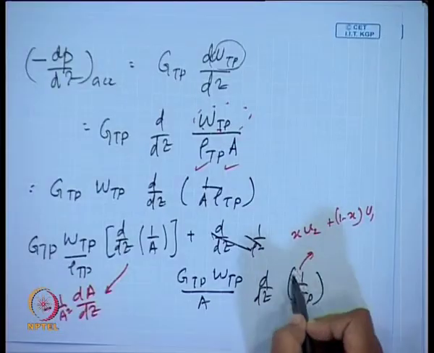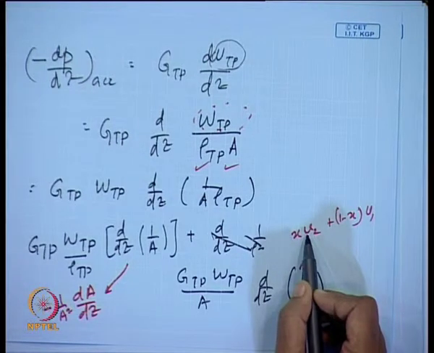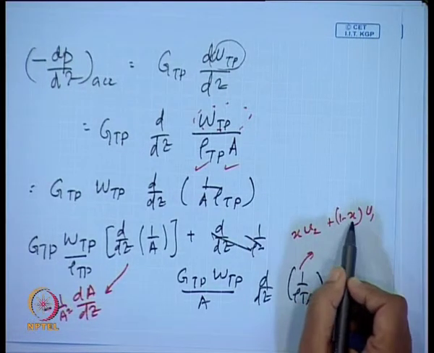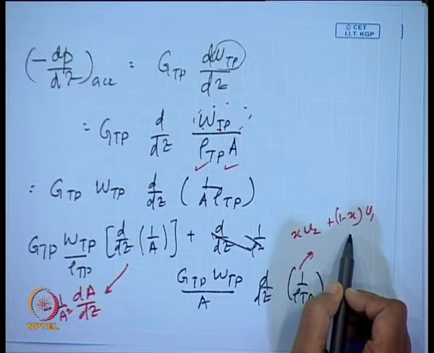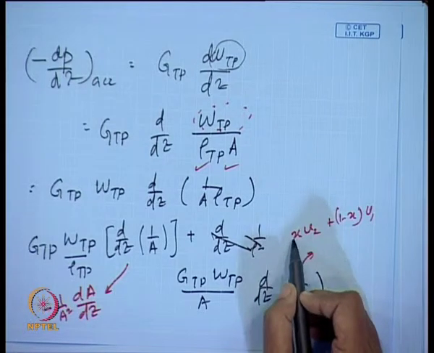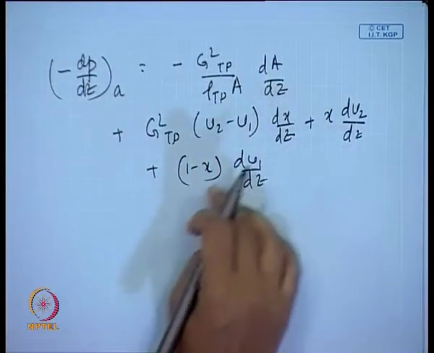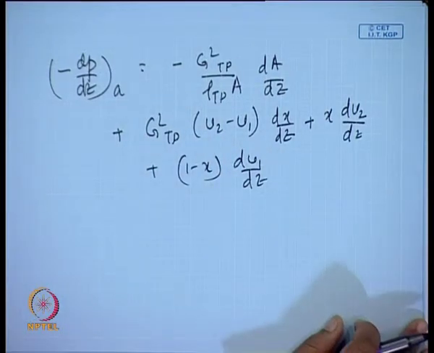Okay. So, therefore, from here if you differentiate, we get V2 dx/dz plus V1 minus V1 dx/dz, agreed, and then we get x dV2/dz and (1 minus x) dV1/dz, is not it. So, I have combined all of them and this is the total expression.